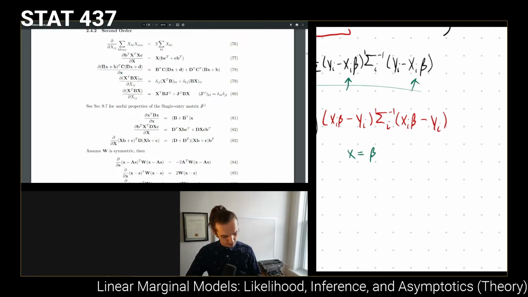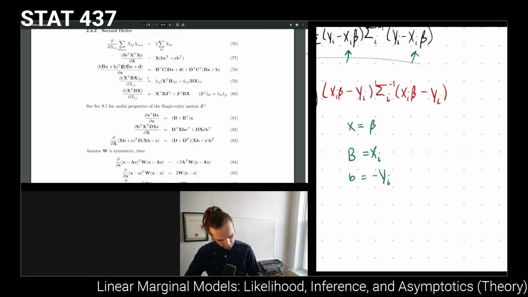We have this B, which in our expression is equal to Xi. And then we have Bx plus b, where in our case the little b is minus yi. Same thing in the other bracket, the C term would be sigma i inverse. And then we have Dx plus d.